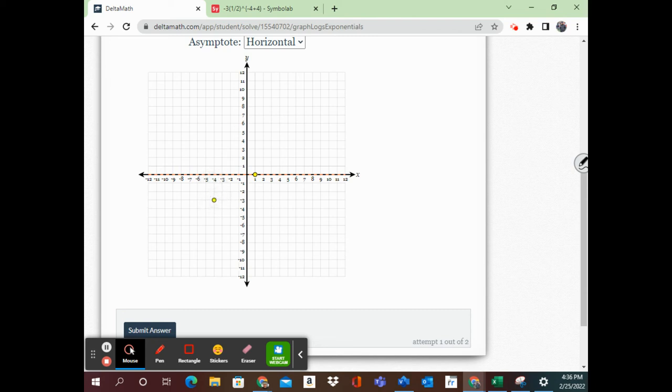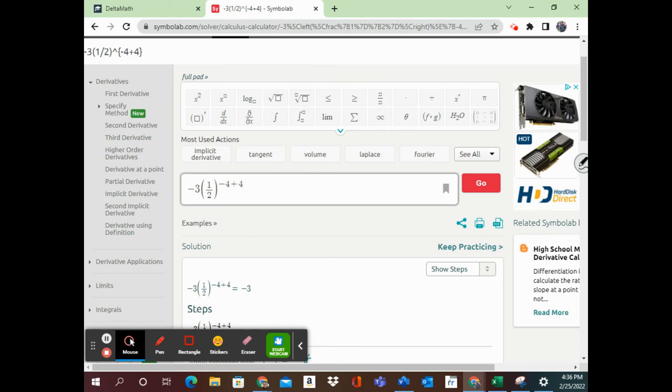Now I know this point is going to get closer to that line. Since it's getting closer to that line, I just want to know what happens at -5, so I want to go one down. That means -3 times 1/2 will be my next point.